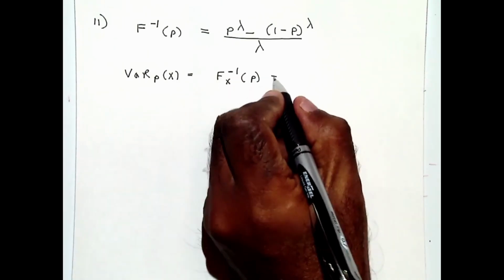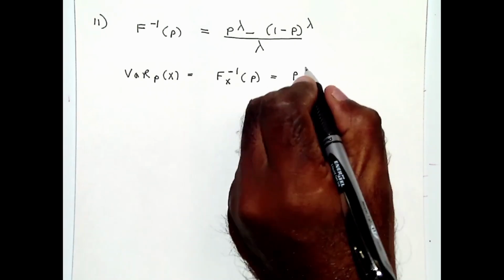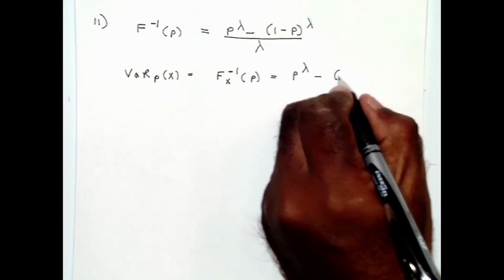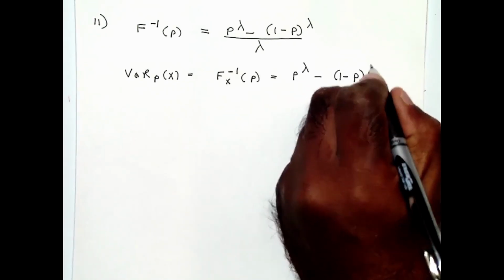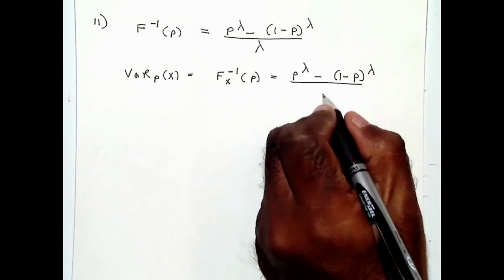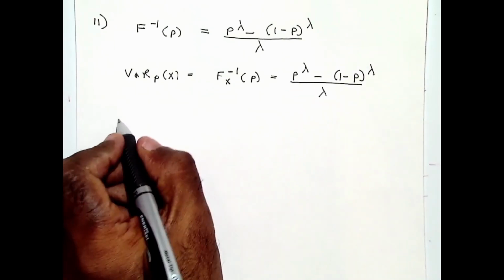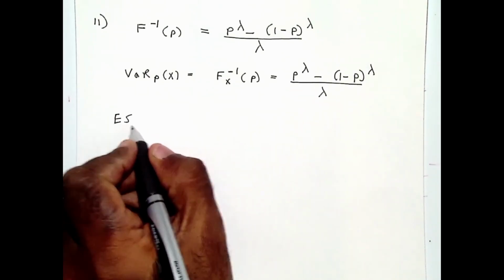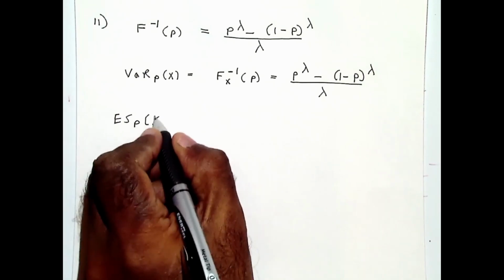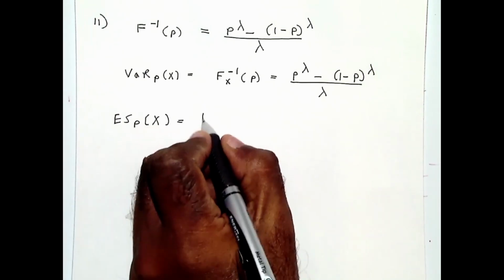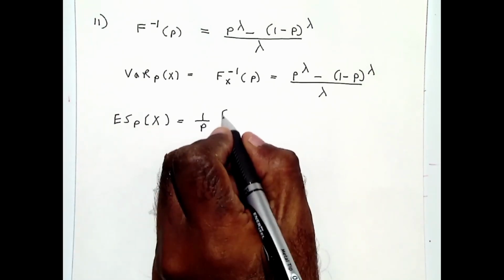So the question has already given you the formula for VaR. What you need to find is the expected shortfall, so you will use this formula.